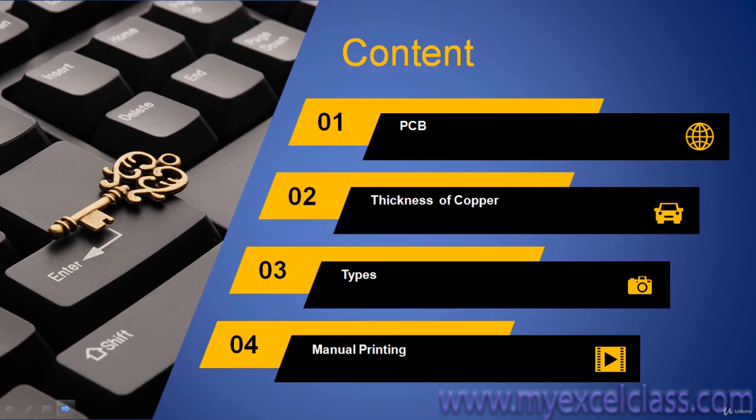Although PCBs are most often associated with computers, they can be found in many other electronic devices such as TVs, radios, digital cameras, and cell phones.